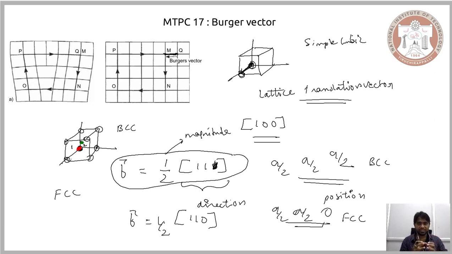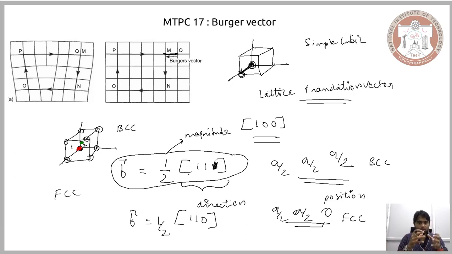In both these cases, these Burgers vectors are the lattice translation vectors. So what we have now seen is how one can categorize the Burgers vector as the lattice translation vectors, and how we can represent the different Burgers vectors. In this representation, we have both the component of the magnitude and the component of the direction.